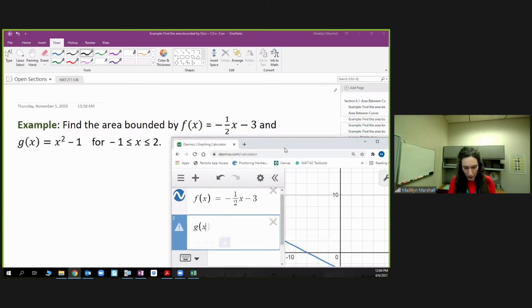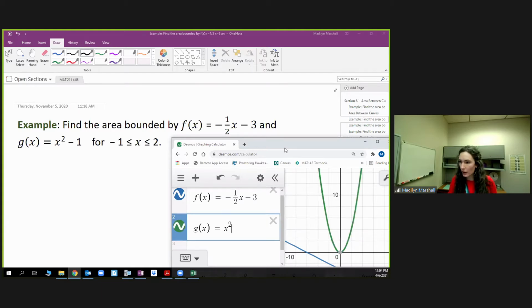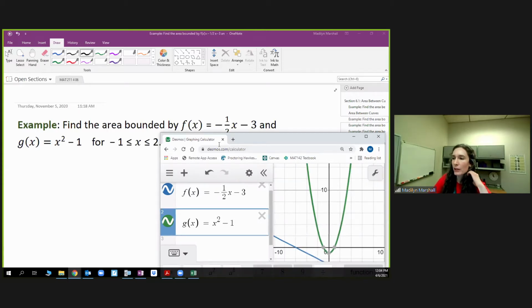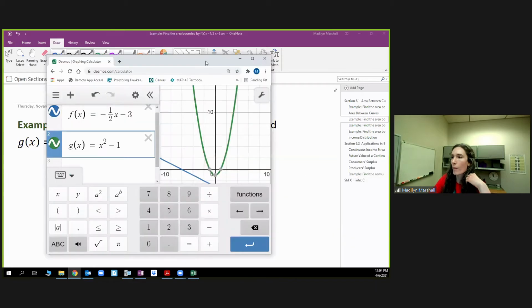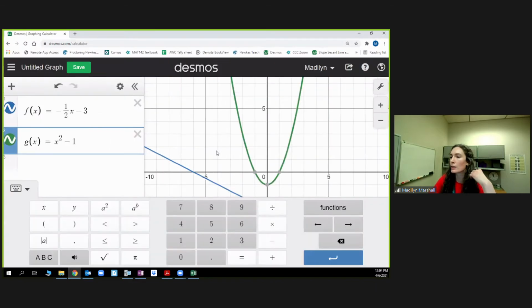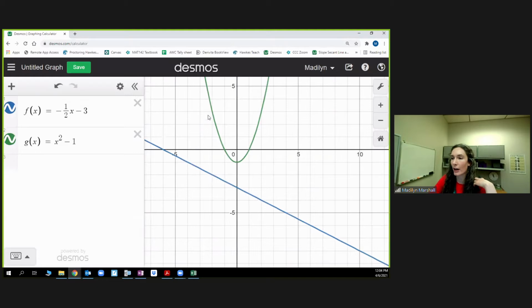And we have g of x equals x squared minus 1. And we're looking at between -1 and 2. So here are our graphs.